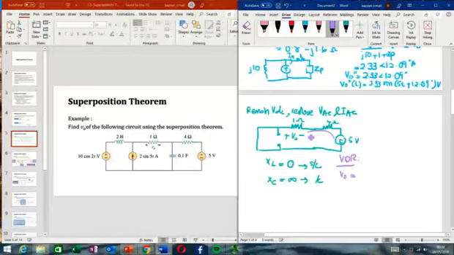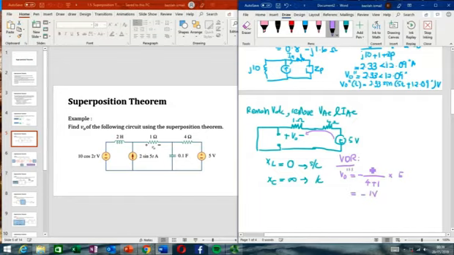Since the current flows from this direction, this one will be negative. So negative 1 over 4 plus 1 multiplied with the voltage source, which is 5. So the answer is negative 1 volt.